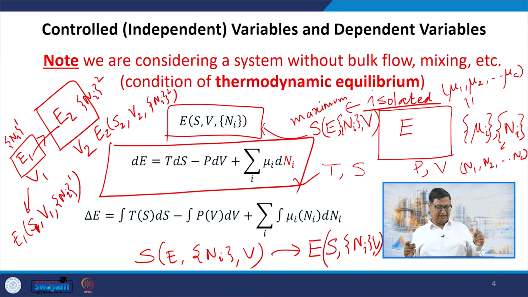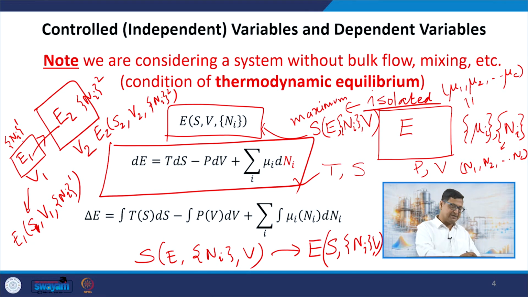So, essentially what I am trying to say is that we are studying an isolated system, so we have the ability to consider a system where I can control the volume, the energy and the number of molecules, or by extension the volume, entropy and the number of molecules, right.